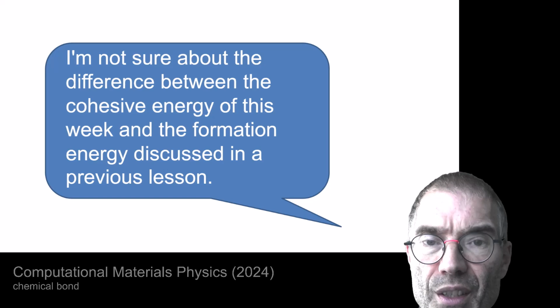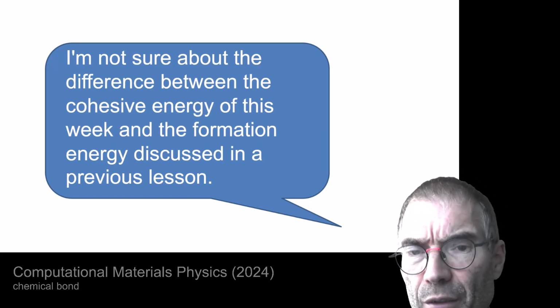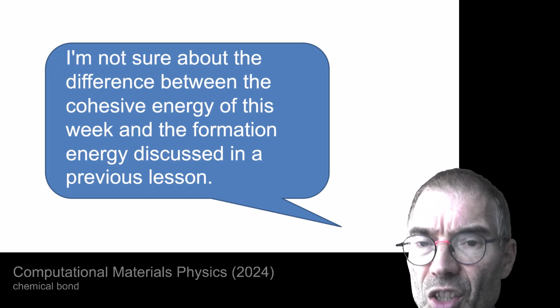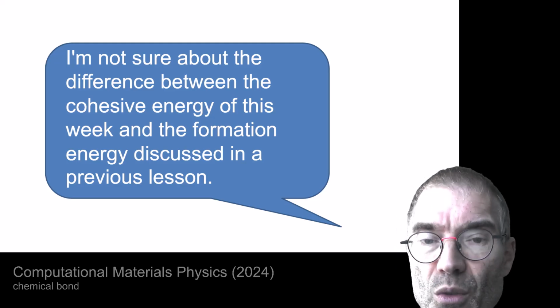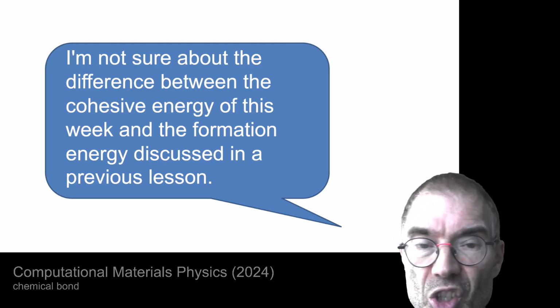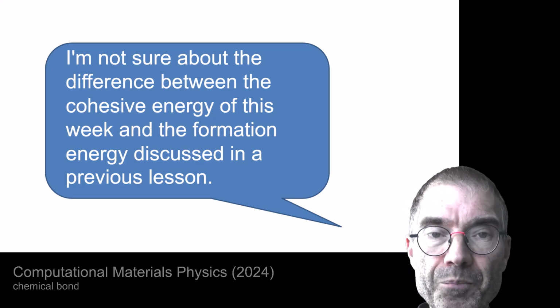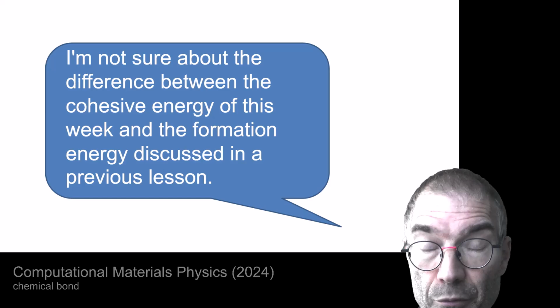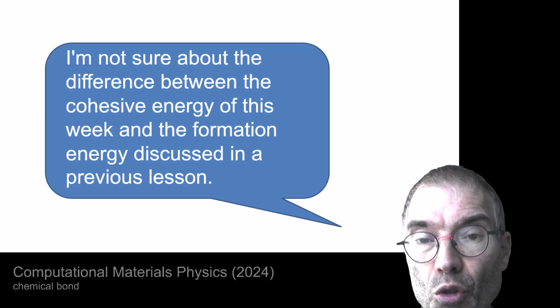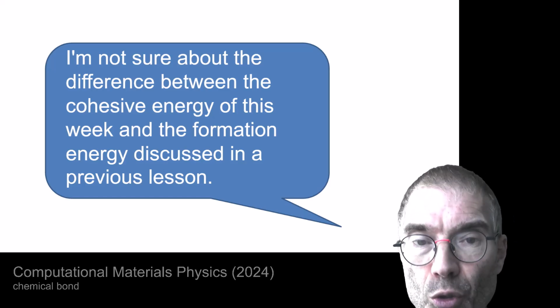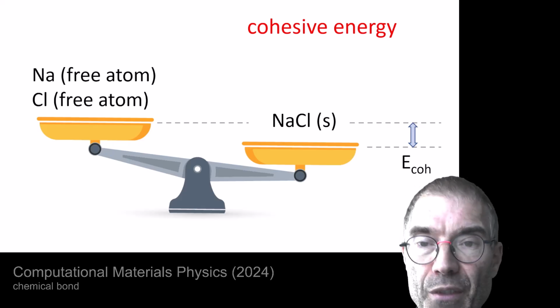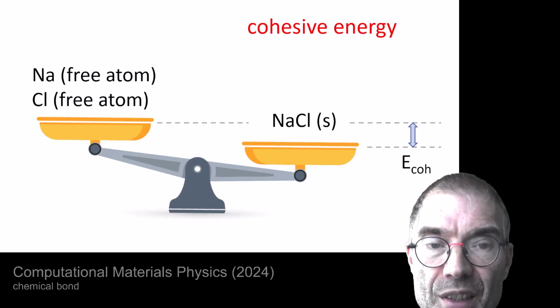Somebody wondered, what is the difference between the cohesive energy that we defined this week and the formation energy that was discussed in the context of the phase diagram? These are very related topics, but they are indeed not the same. And the difference is easily explained.